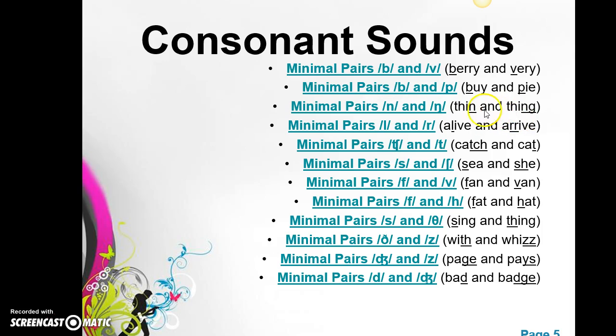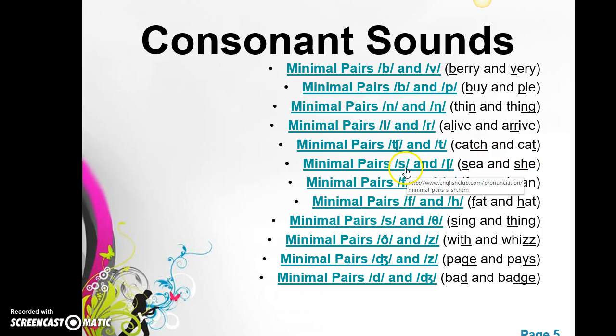As opposed to thin, as opposed to thing. Right, as in alive. It's not always live, as opposed to arrive. Some East Asian speakers might have problems here, saying alive, arrive, okay?